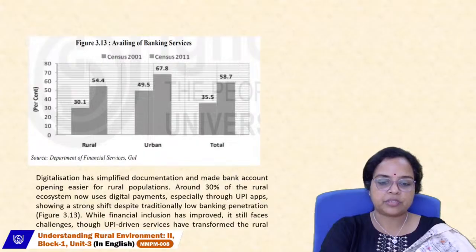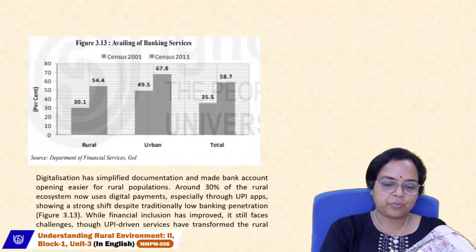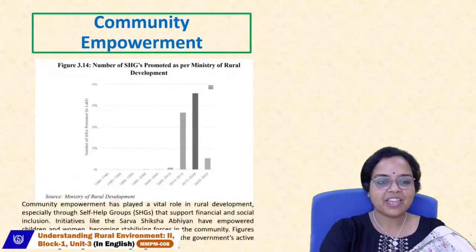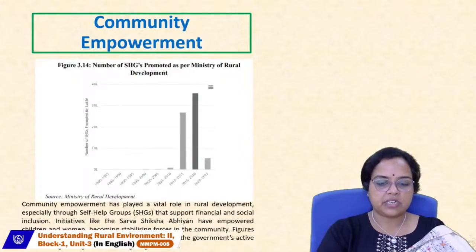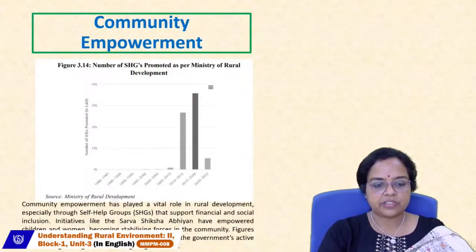While inclusion has improved, it still faces challenges, though UPI-driven services have transformed the rural financial landscape. That means you can also pay through UPI in the rural belt. Community empowerment has played a vital role in rural development, especially through self-help groups that support financial and social inclusion. Initiatives like Sarva Shiksha Abhiyan have empowered children and women.